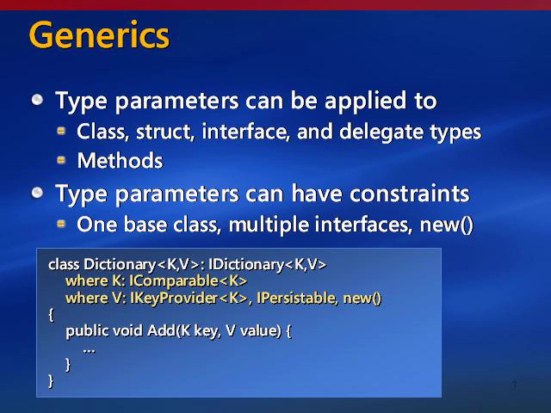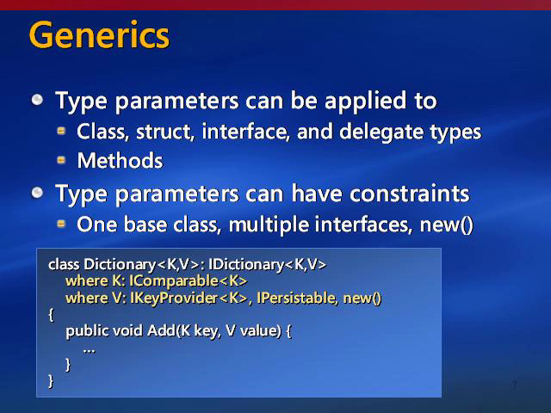Now, one way I could do that is I could take the key parameter and cast it to IComparable or whatever interface, and then call the CompareTo method. And that's what I traditionally would have done in the old days. But if you think about it, what I'm doing there is, in a sense, creating an implicit constraint on the type K. I'm saying K had better implement IComparable, or else at runtime this stuff is going to fail because the cast won't succeed.